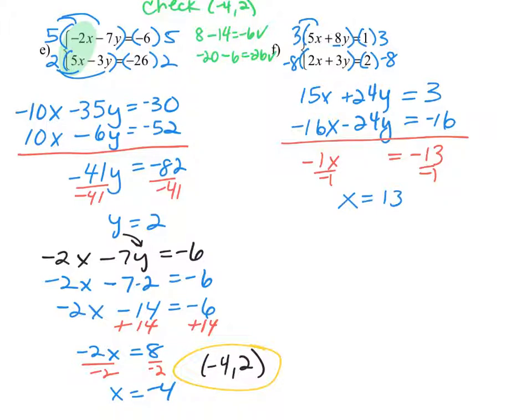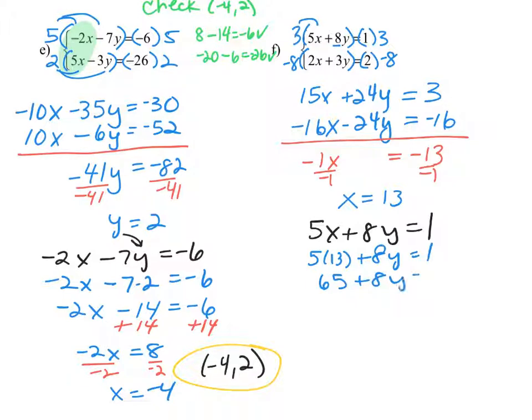Now we're going to take that answer and plug it back into one of the original equations. If we use the first one, 5x plus 8y equals 1, and plug in x equals 13, we get 5 times 13 plus 8y is equal to 1. Now 5 times 13 is 65, plus 8y is equal to 1.